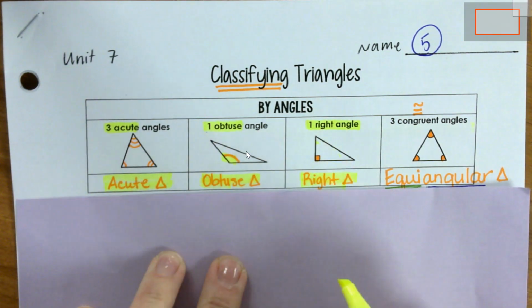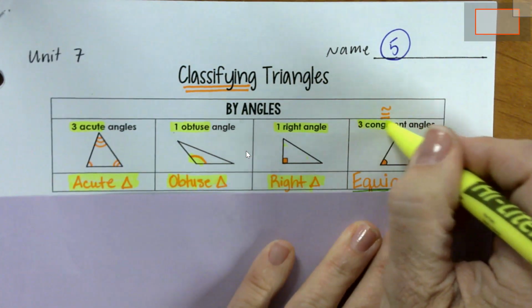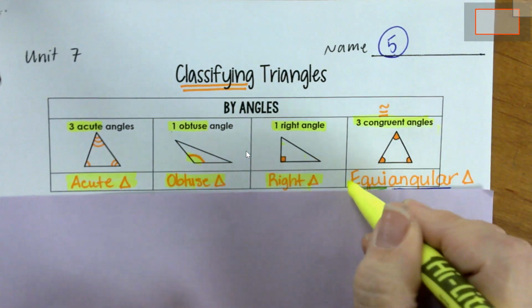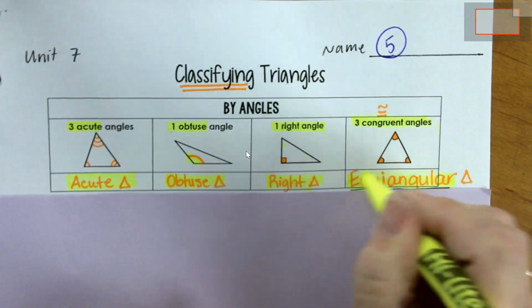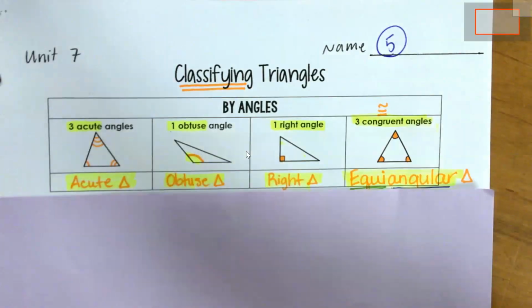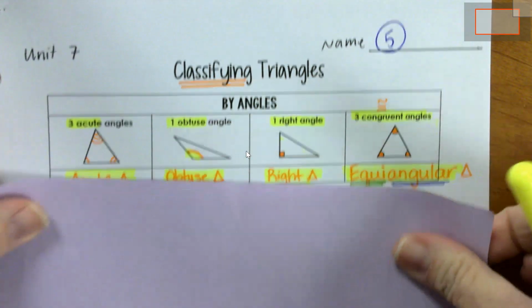The other two angles will be acute. And then if we have three congruent angles, if all of the angles are equal, we call it equiangular. Okay, equiangular. So that might be a word you may or may not have heard before. These I know you have.